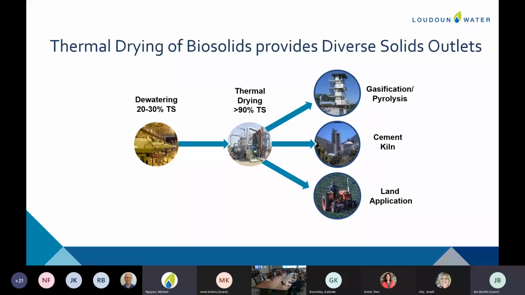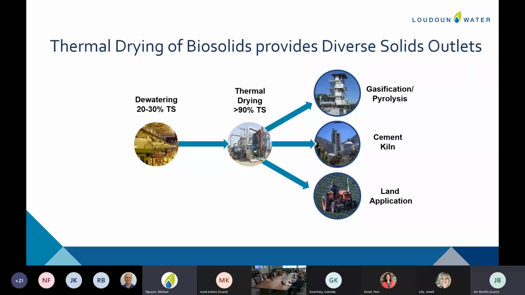With thermal drying, you don't actually have to digest it at all anymore. We're reducing solids and destroying pathogens with hot air. So the entire treatment is occurring through the drying process. So you don't need to use digesters, it's not required. We're still going to digest a portion of our flow because we want that digester gas, but not all solids we produce are good at making digester gas.